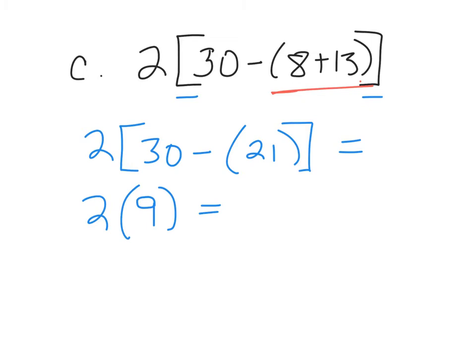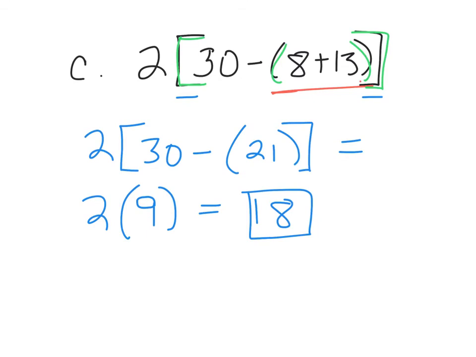If you do it in your head, I always go 30 minus 20, okay, that'd be 10, and then minus 1 more. Break it up. All right, and then 9 times 2? 18. 18. So the double brackets make sense? Innermost bracket first. Good.